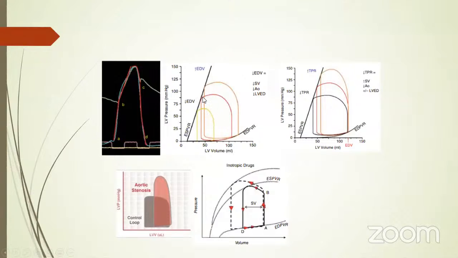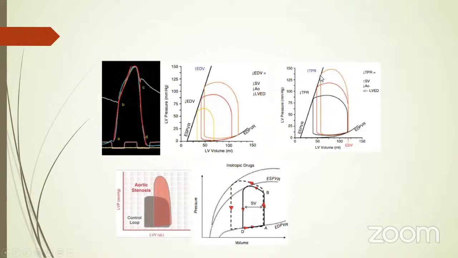Here is the same diagram discussed before. And this diagram shows the effect of afterload on the cardiac output. As the afterload increases, the stroke volume will decrease and the aortic pressure will increase.